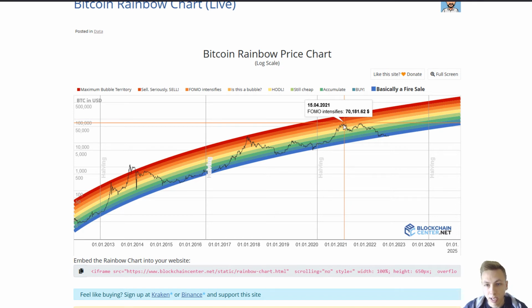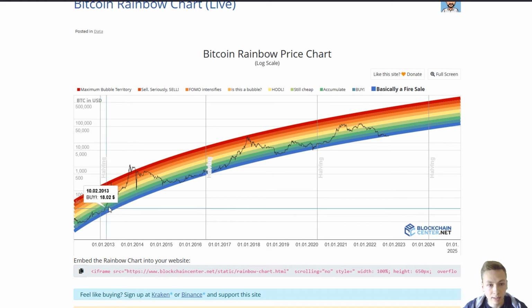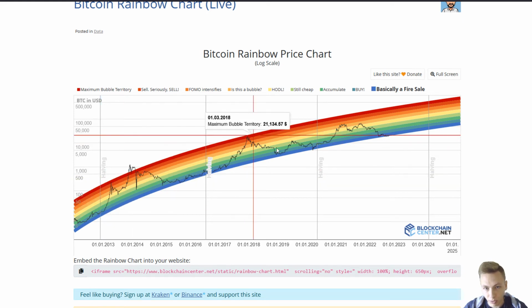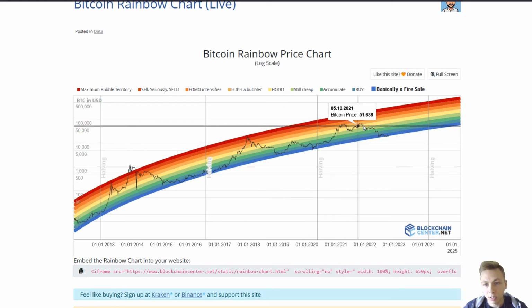So Bitcoin has lost some momentum, but this is pretty normal, and it was expected to happen, because when we have an asset that is growing so fast at such a high rate as Bitcoin did, there obviously is going to be some kind of slowdown in the growth rate.